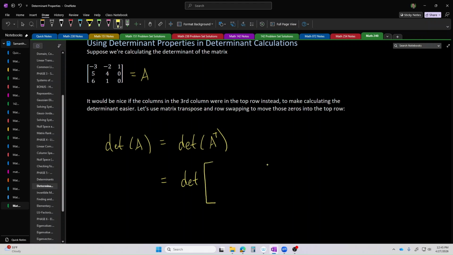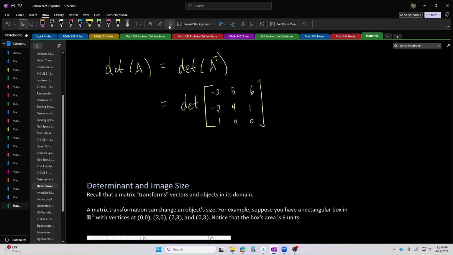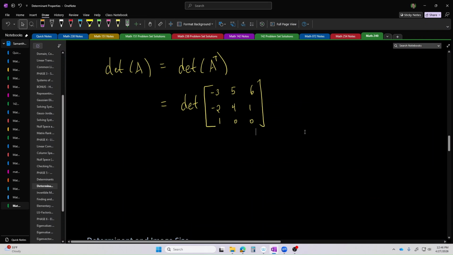If I calculate the transpose, that'll turn the first row -3, -2, and 1 into the first column. It'll turn the second row 5, 4, 0 into the second column, and it'll turn the third row into the third column, so 6, 1, 0. So by transposing the matrix, I've at least pushed those zeros into a row of the matrix.